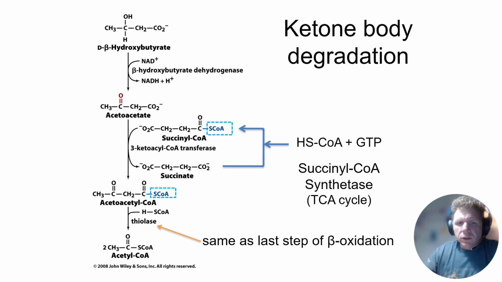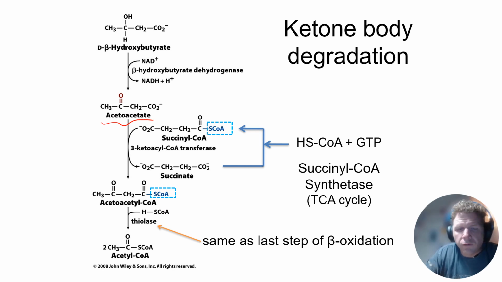That beta hydroxybutyrate can undergo conversion to acetoacetate with beta hydroxybutyrate dehydrogenase, and then 3-ketoacyl-CoA transferase, where we make acetoacetyl-CoA and ultimately split that into a pair of acetyl-CoA molecules. So this is how we can metabolize a ketone body.